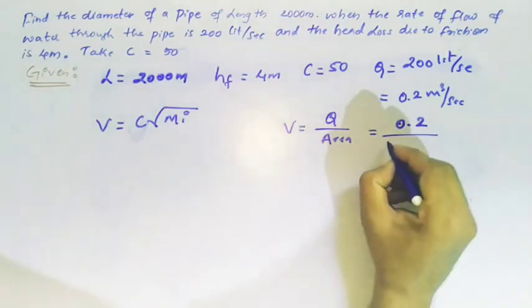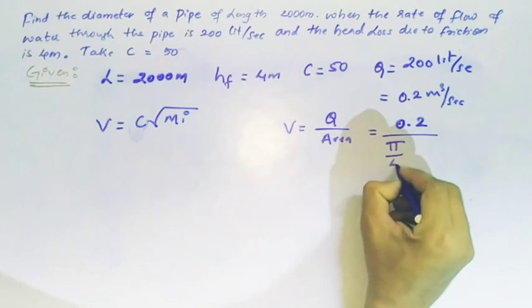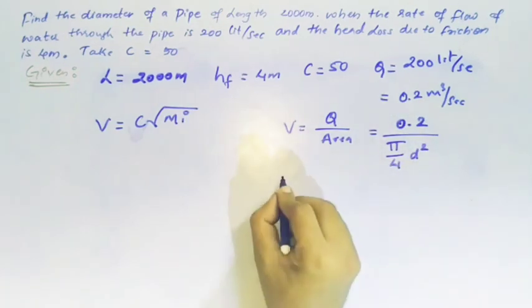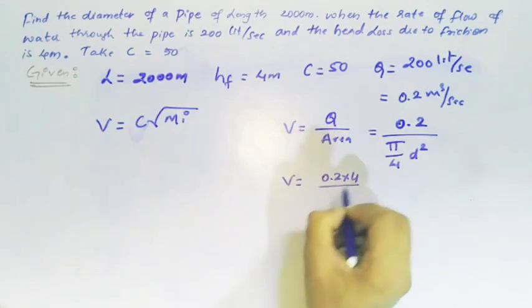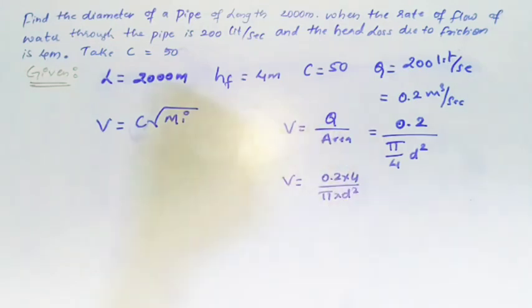D is an unknown term. Area will be equal to pi by 4 into d square. Now V will be equal to 0.2 into 4 divided by pi into d square.